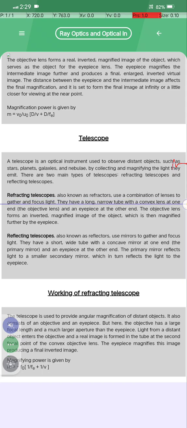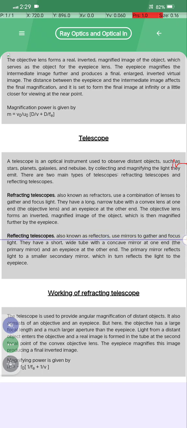It has a long narrow tube with a convex objective lens at one end and an eyepiece at the other end. The objective lens forms an inverted, magnified image of the object, which is then magnified further by the eyepiece.